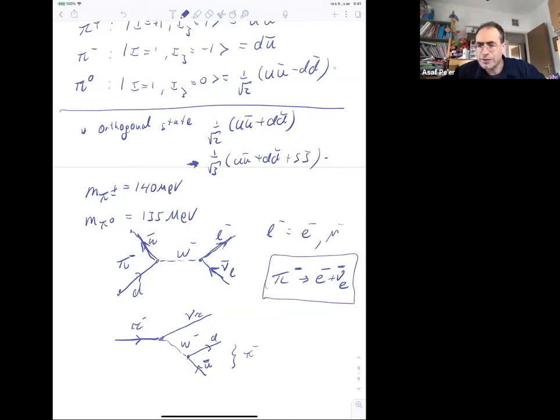You cannot have conservation of energy if you try to decay a particle into heavier particles. You cannot create energy from nothing, right? Energy must be conserved as part of the conservation of the four-momentum.